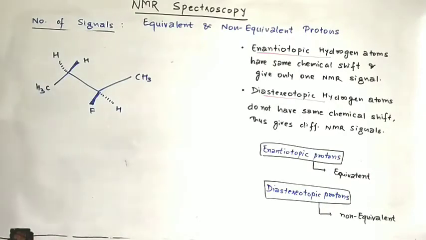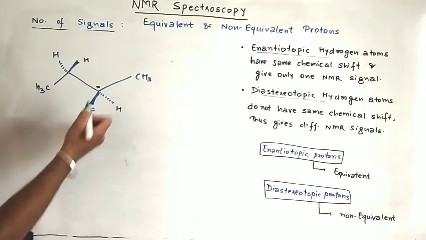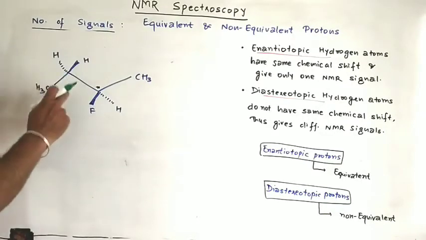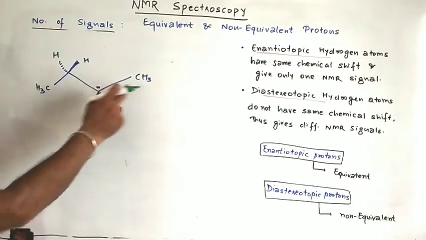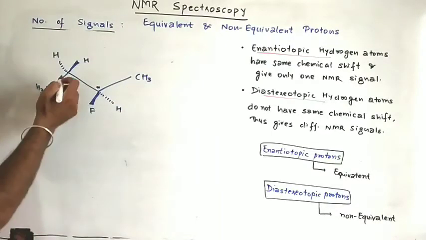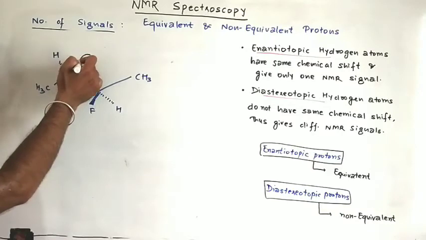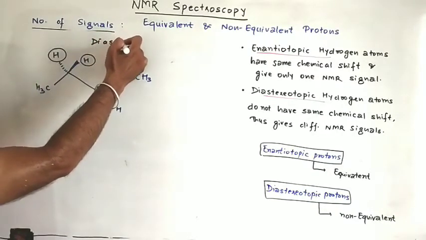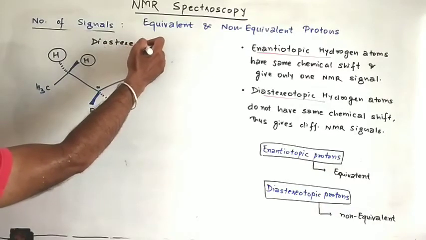Okay, see, this carbon is chiral, as it is connected to 4 different groups: fluorine, H, this side methyl, this side ethyl. You can see this group is ethyl, it's methyl, it's hydrogen, it's fluorine. It means this carbon, these 2 protons are diastereotopic.